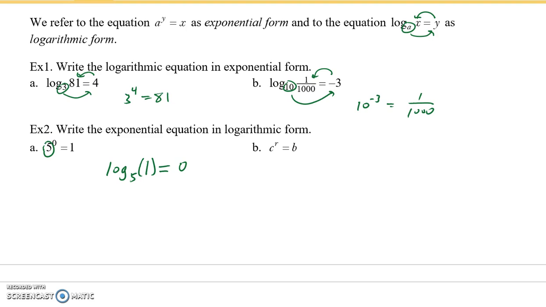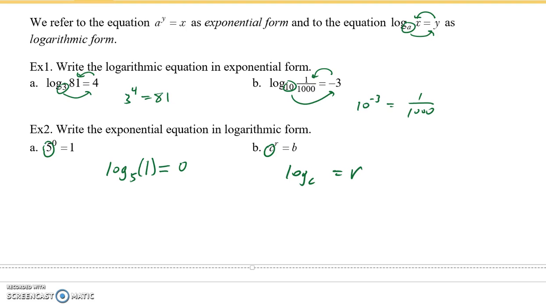Second example, similar idea, no numbers involved here. C to the r equals b. Well, first of all, we write log. Okay, what's the base of our logarithm? The base of our logarithm is the same as the base of the exponential expression. So it's a base c logarithm. What's the logarithm equal to? The logarithm is equal to whatever's in the exponent. So the logarithm is equal to r.